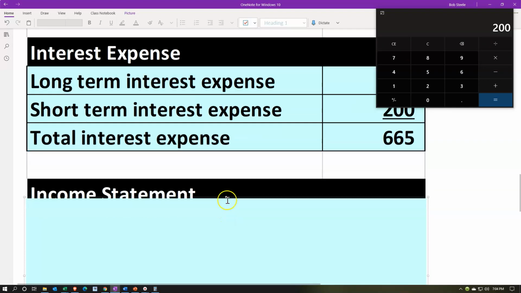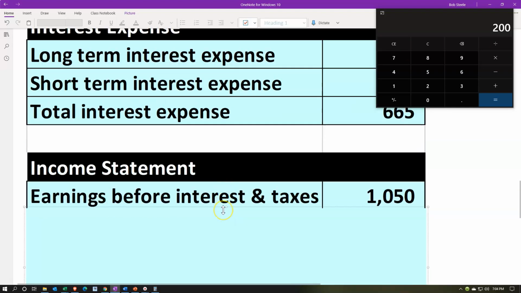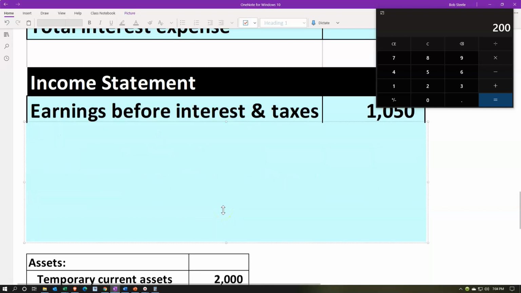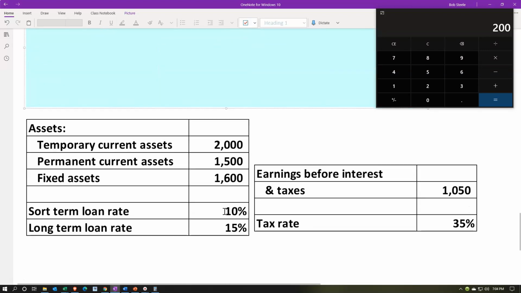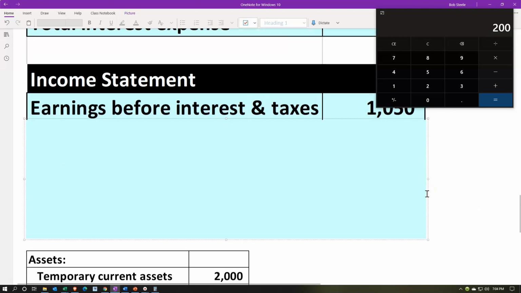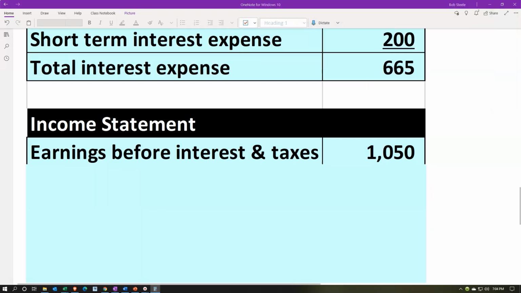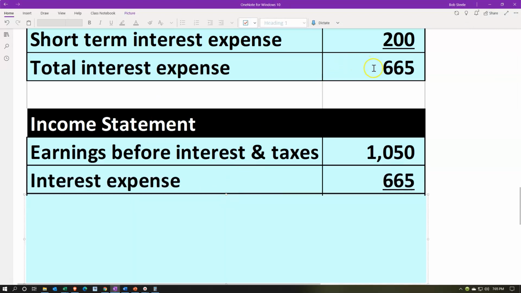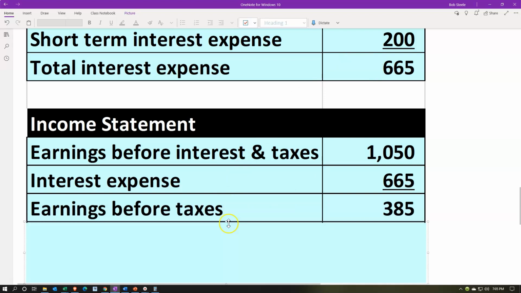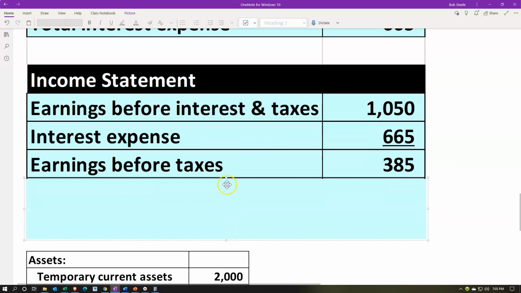If we then put together the income statement, the earnings before interest and taxes were given to us at 1,050. This is basically the bottom line of the income statement, net income before we consider the interest expense, which we just calculated, and the taxes. Subtracting the interest expense of 665 gives us earnings before taxes of 385.